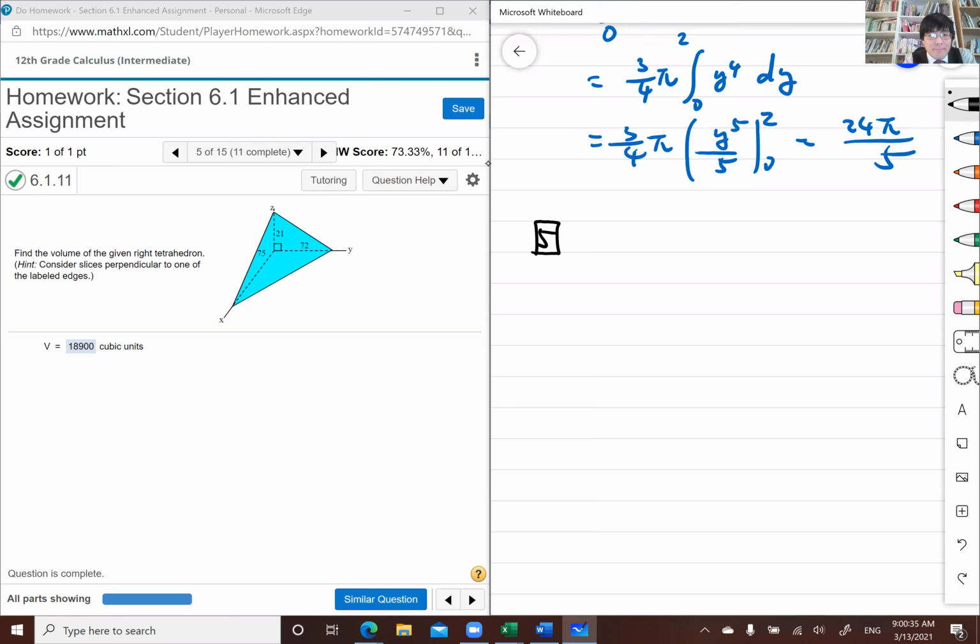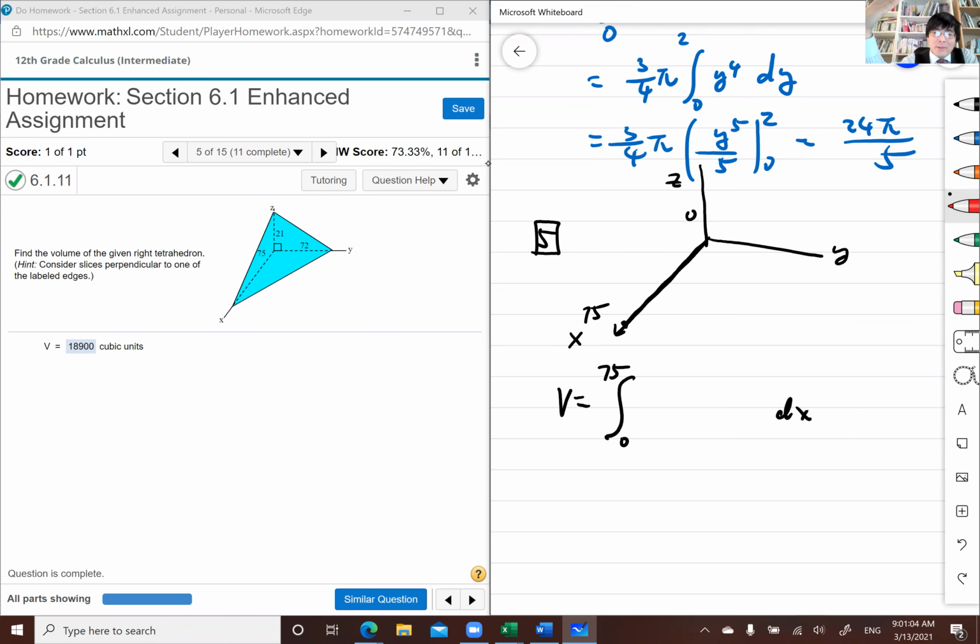Let's integrate along the x-axis. The length here is 0 through 75, so we are going to integrate between x of 0 through 75. Then you are going to find the cross sections.